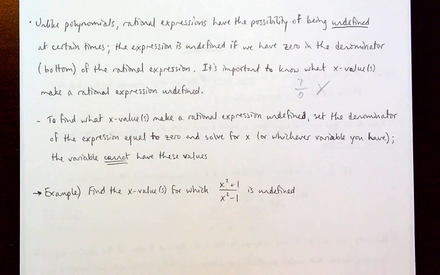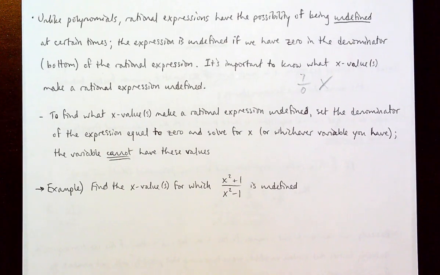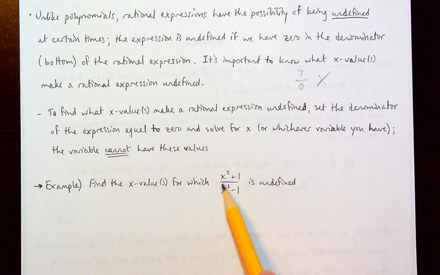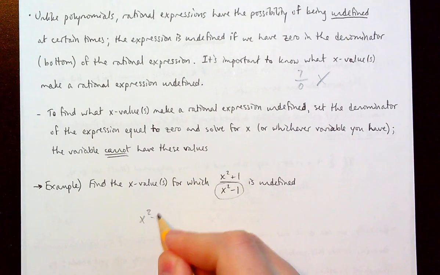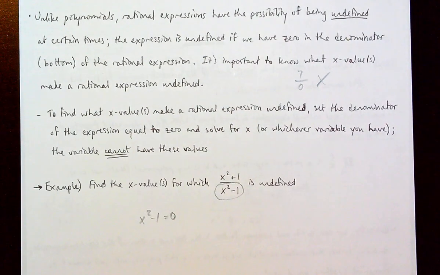So here is one example. We're going to find the x value or x values for which x squared plus 1 divided by x squared minus 1 is undefined. So I'm going to take the entire bottom and set that equal to 0, and I'm going to solve for x. So x squared minus 1 is equal to 0.